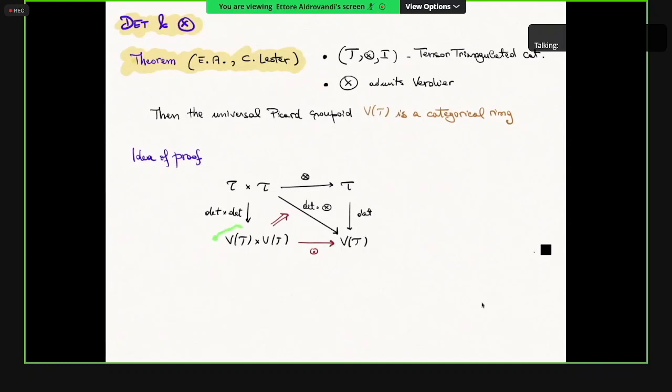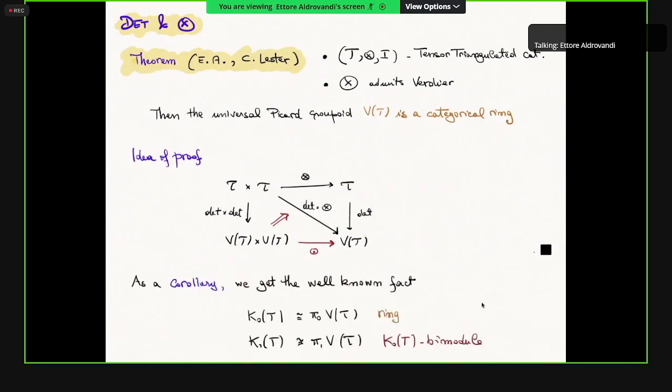In order for this to work, there are technical conditions that need to be imposed. As a corollary, in the case where you can make a correspondence with K theory, then K0 is a ring as it should be, and K1 is going to be a K0 bimodule.